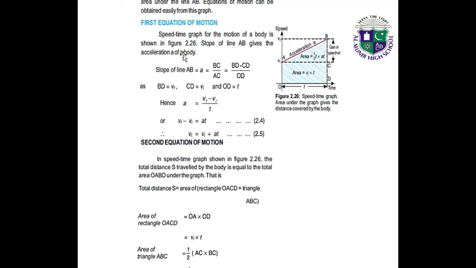We know the slope of line AB is equal to BC over AC. BC is equal to final velocity minus initial velocity and AC is equal to OD. So by putting all these values in this equation, we will get a is equal to vf minus vi over t.